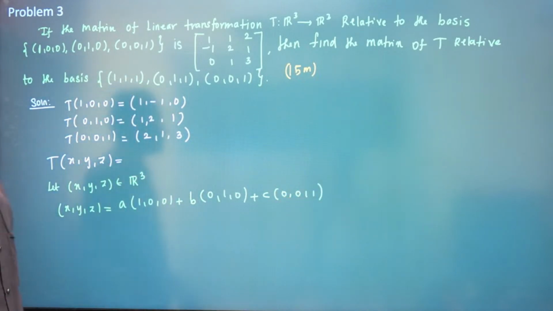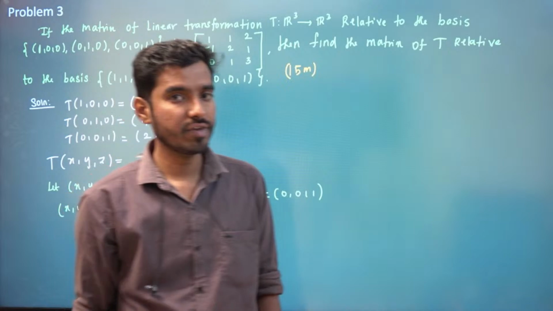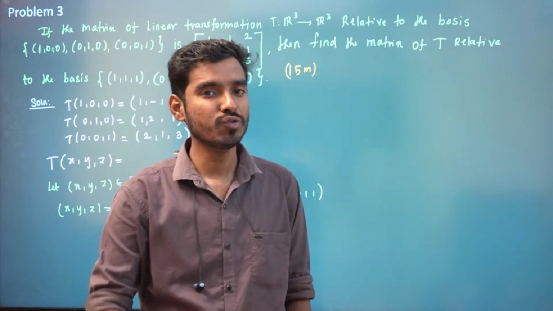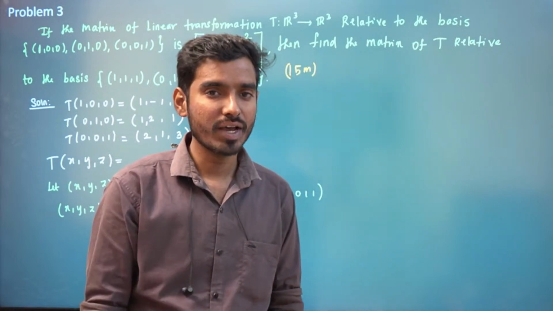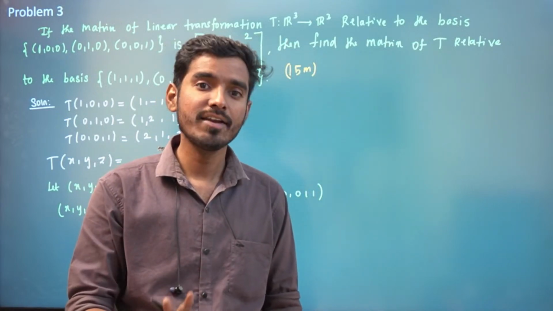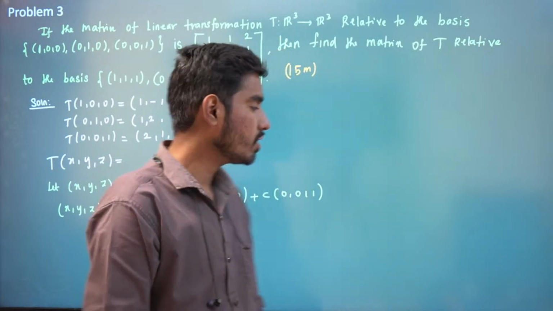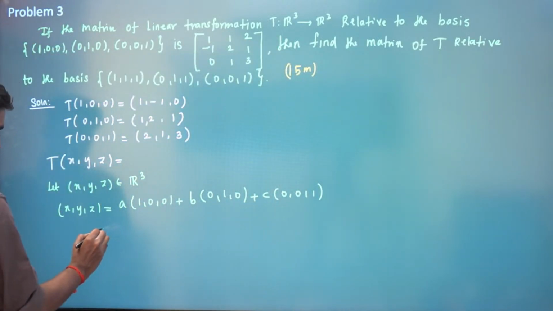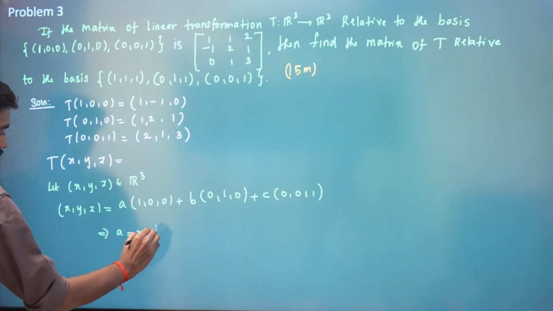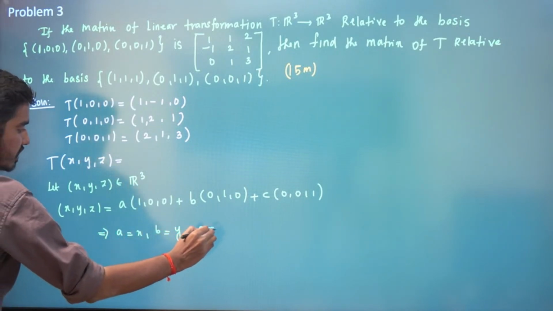Our aim is to find the values of a, b, c in terms of x, y, z. If it is the standard basis, it is easy. This implies a is equal to x, b is equal to y, c is equal to z.